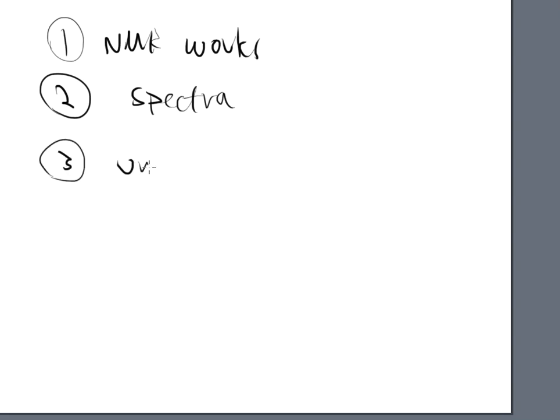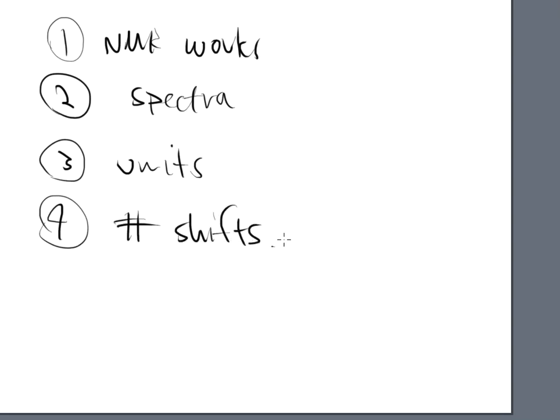We just talked about them. I just mentioned them. And that is the delta, or this ppm, or this hertz over megahertz unit that we can use in NMR theory. And then number four, we've also talked about the number of chemical shifts, right? That's pretty important. We did 2 or 3 videos just on being able to determine the number of chemical shifts that happen from a compound.